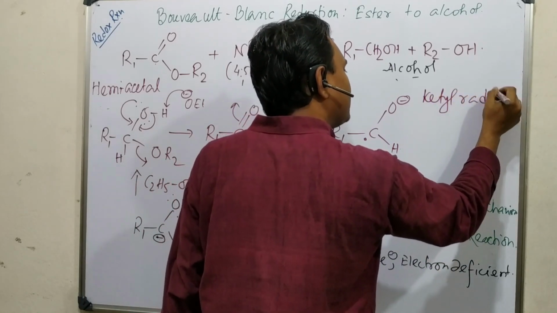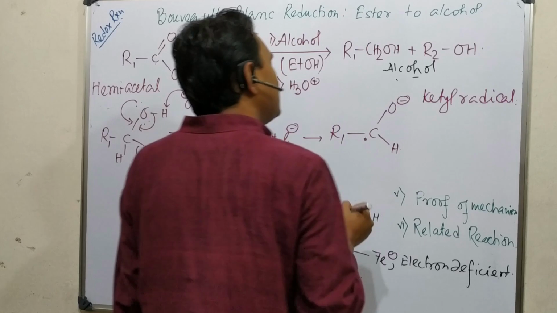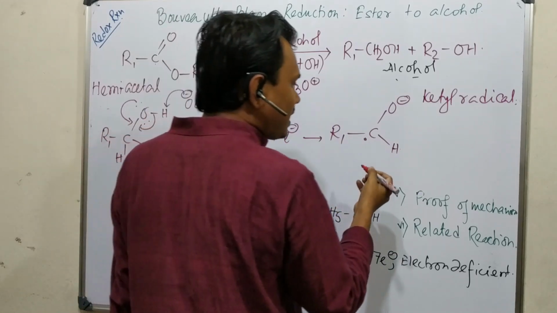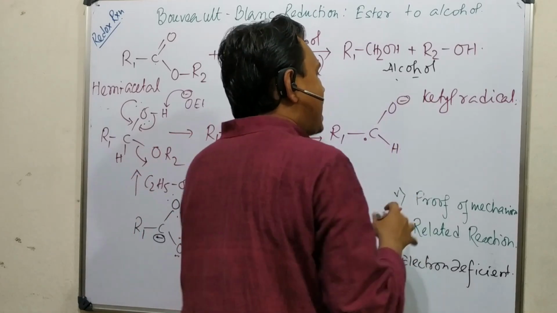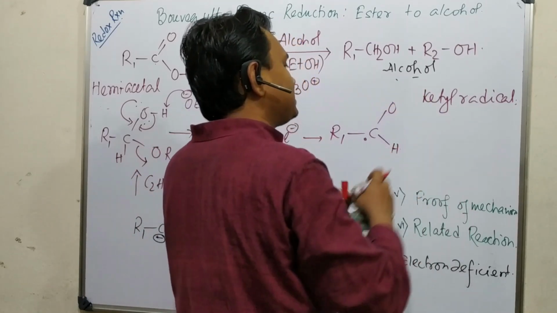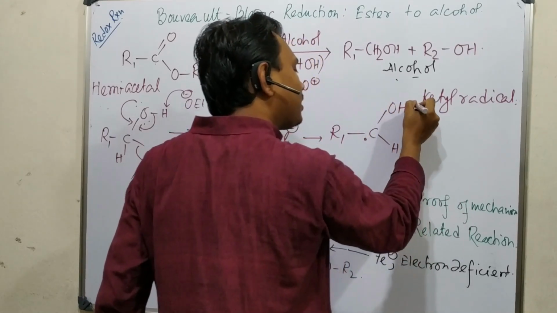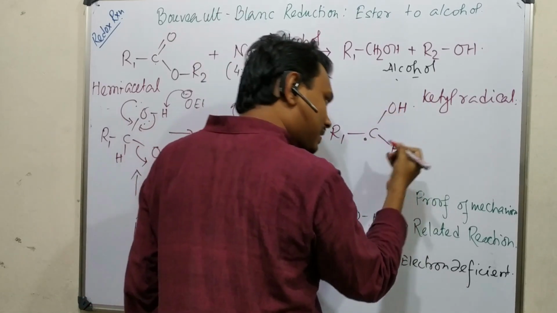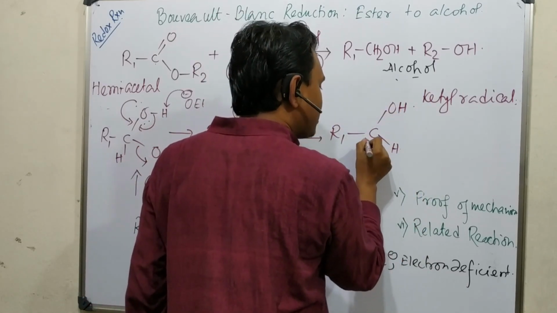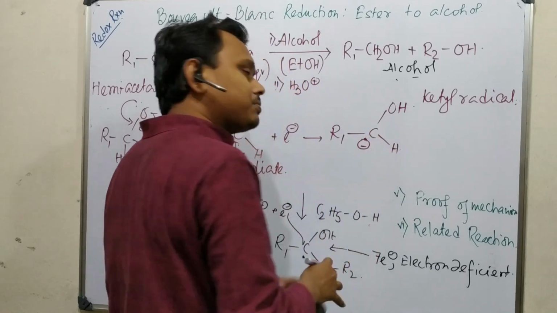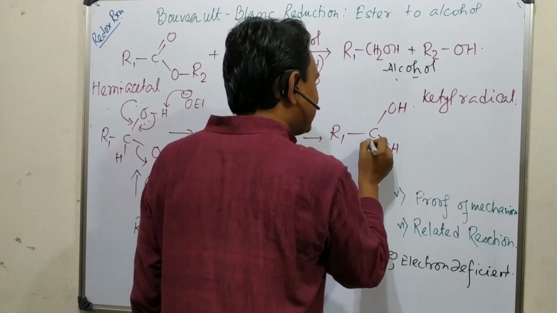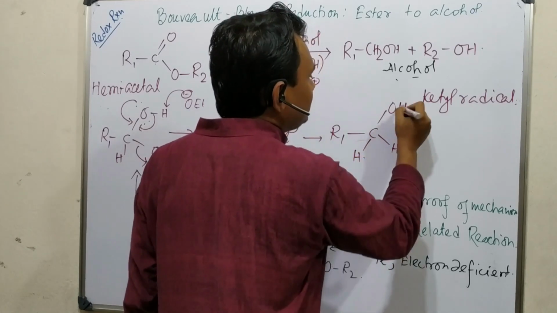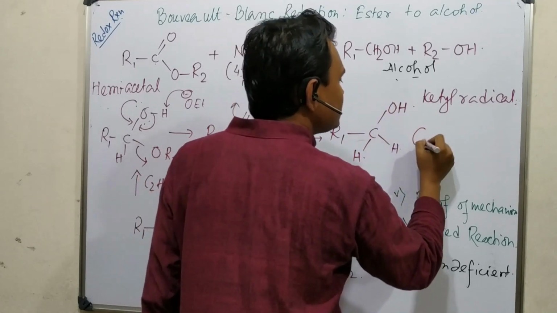Okay. And the next step, what happens? It takes another electron from another sodium, because the mechanism is similar. This abstracts a proton from alcohol. It then takes another electron to prepare itself as a carbanion, and this carbanion abstracts another proton from a water molecule or ethanol as solvent, and ultimately this thing is produced and this is the alcohol.